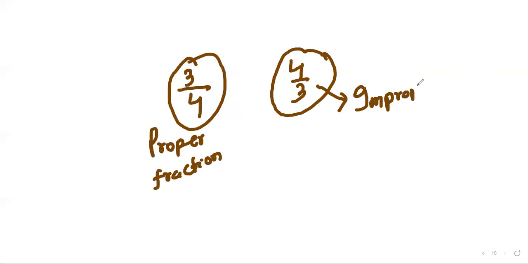So this is the whole thing I want to tell you about. Reversing a proper fraction will give you an improper fraction, and reversing an improper fraction will give you a proper fraction. This is the most important part of the story about proper and improper fractions. Reversing, I mean, if you take the reciprocal of a proper fraction, you will get an improper fraction.